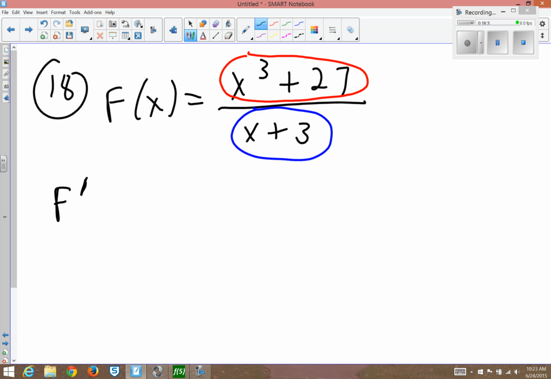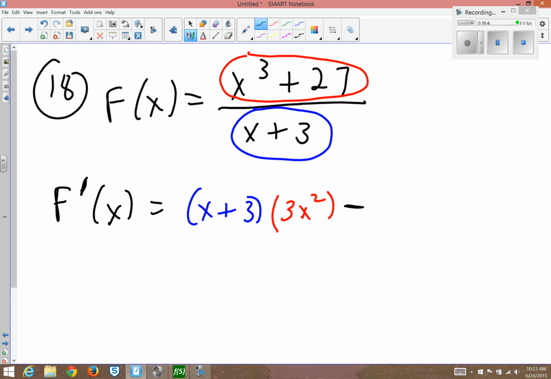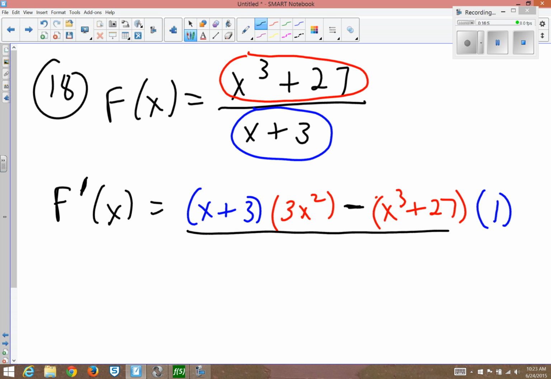The derivative of a quotient is the denominator times the derivative of the numerator minus the numerator times the derivative of the denominator all over the denominator squared.